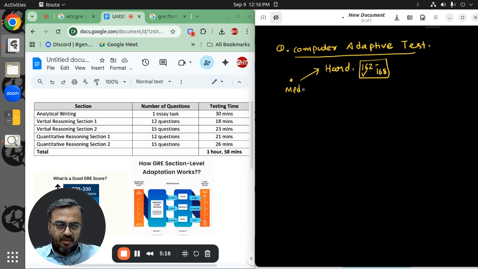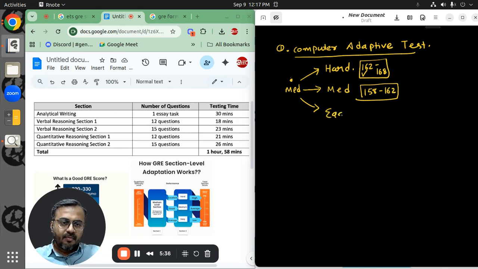If in this particular section the student has performed moderately well, then the next section is of medium difficulty level, and so he'll find himself in the medium score range. And if the student has not performed really well in the first section, then the next section will be easier. Score range will be 150 to 155.